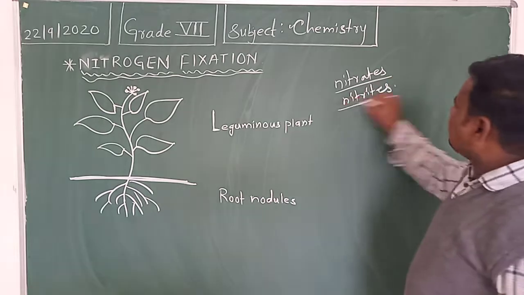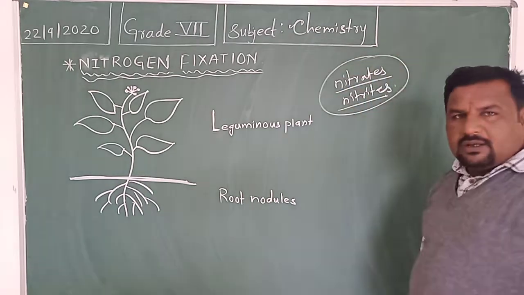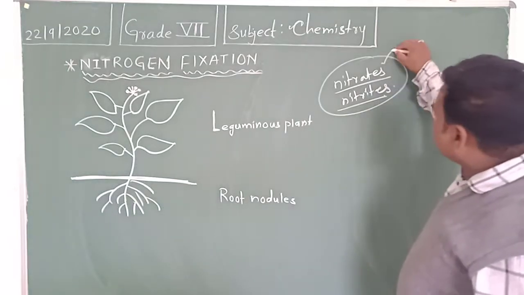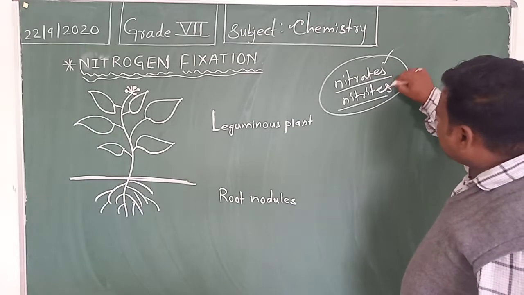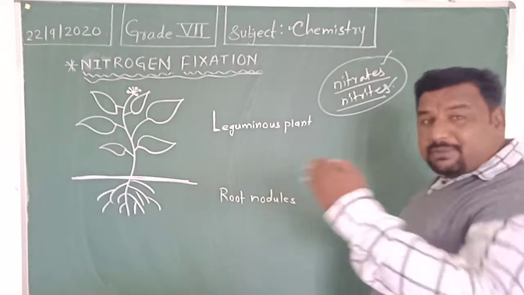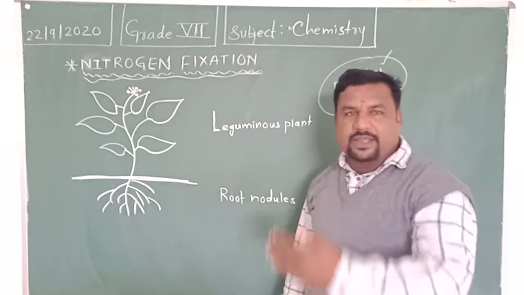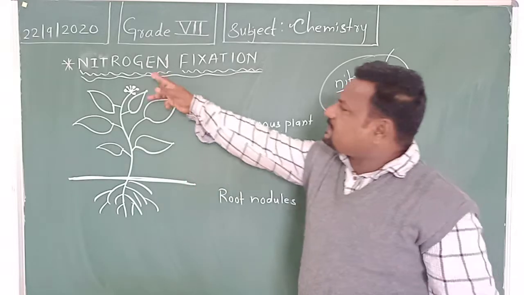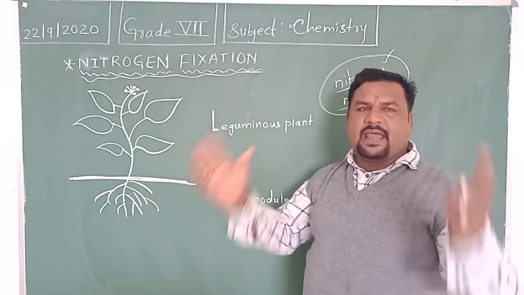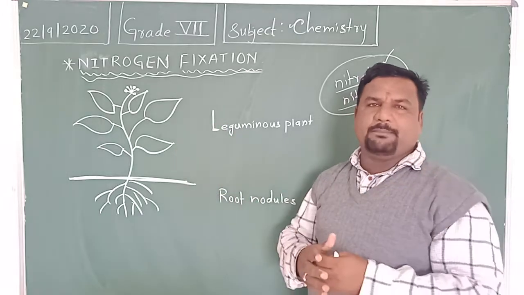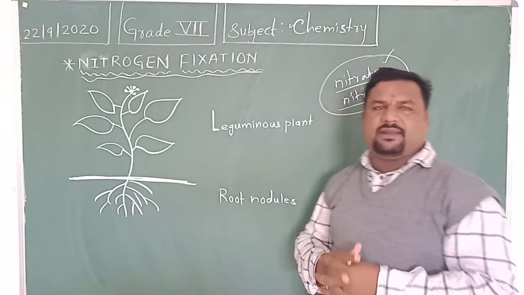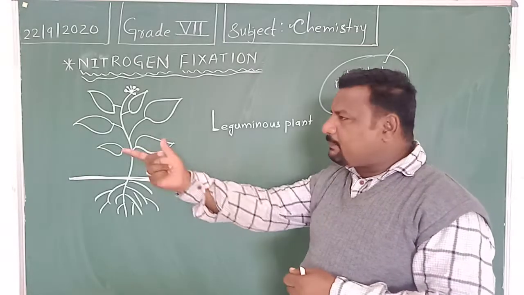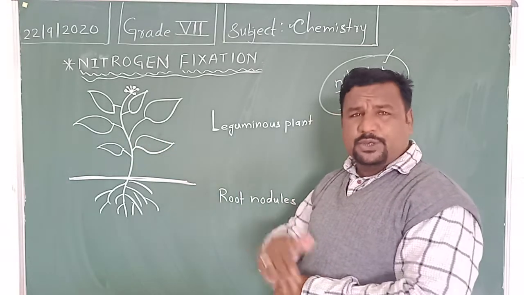If the nitrogen is converted into these two, nitrates and nitrites, then it can be utilized by the plant body and human beings. The air has nitrogen in a huge quantity, but the nitrogen present in the air cannot be utilized in a direct form, either by plants or human beings.